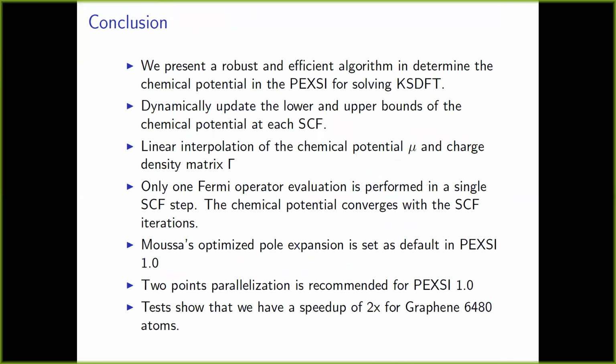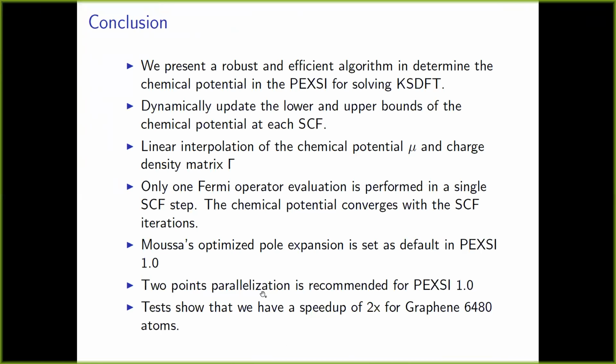So the conclusion is that we present a robust and efficient algorithm that can determine the chemical potential in PEXSI for solving KS-DFT, and it dynamically updates the lower and upper bound for the chemical potential. We have implemented this method in the PEXSI 1.0 version, and this is going to be a factor of 2 speedup for a very big system like graphene 6,000.